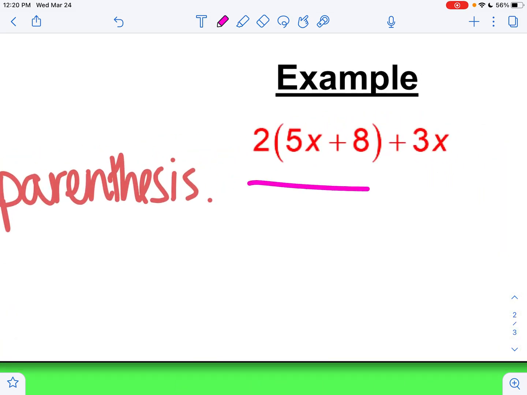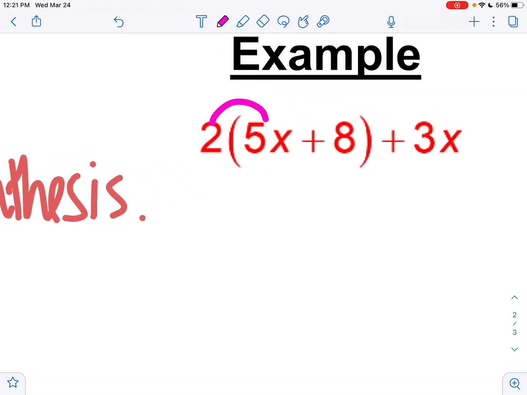So we have one example over here. If you notice, we have this 2 times 5x plus 8. We need to distribute that 2 to both the 5x and the 8 to get rid of our parentheses. Alright, so let's go ahead and distribute. This 2 goes to the 5x and to the 8.